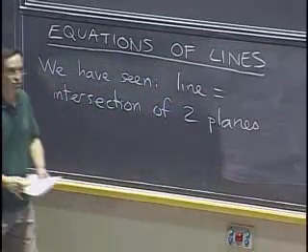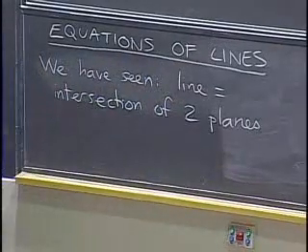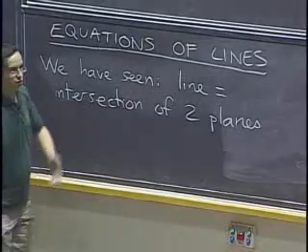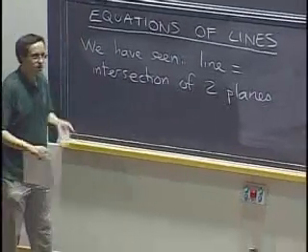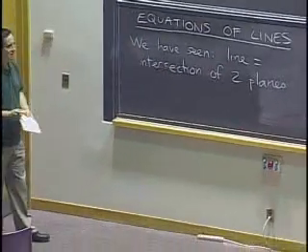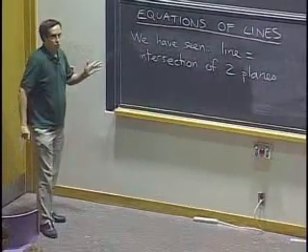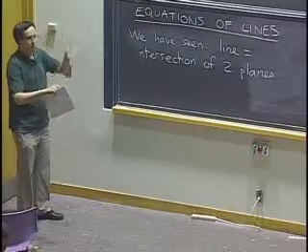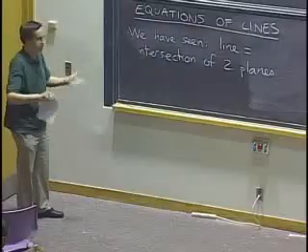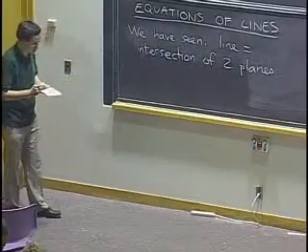And we know what equations of planes look like. So we could describe a line by two equations telling us about the two planes that intersect on the line. That's not the most convenient way to think about a line usually, though, because when you have these two equations, how do you solve them? Well, okay, you can, but it takes a bit of effort.